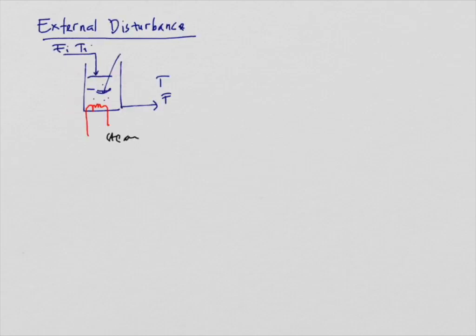In this system, we have one inlet stream with flow rate Fi and temperature Ti, and the outlet flow rate is F and temperature is T. We can assume that the liquid in the tank is homogeneous because we have a stirrer, so the temperature of the liquid in the tank is equal to the temperature of the liquid leaving the tank.